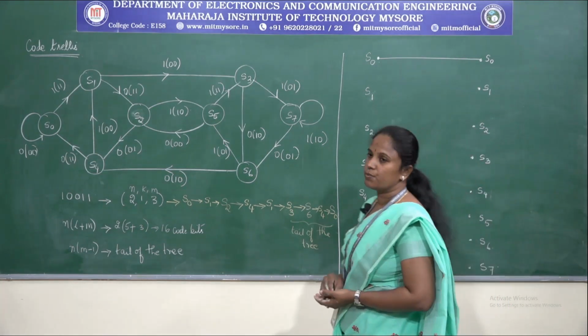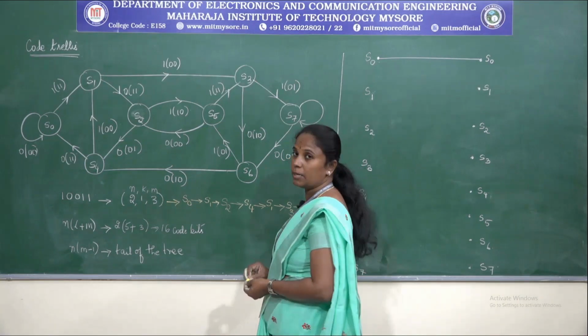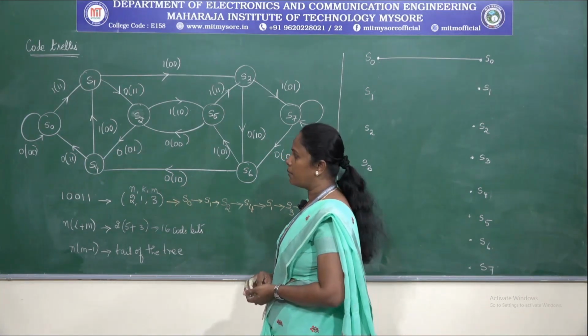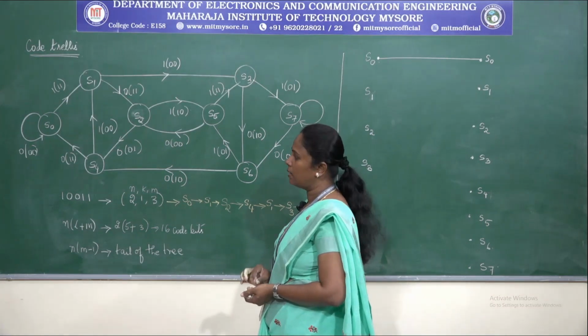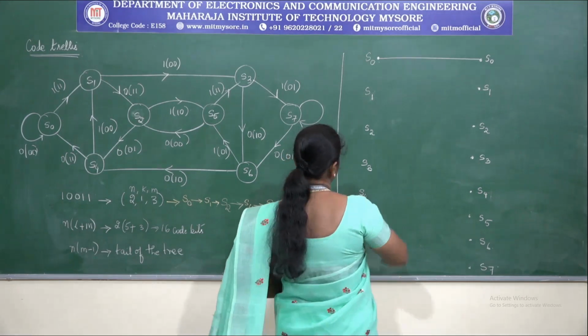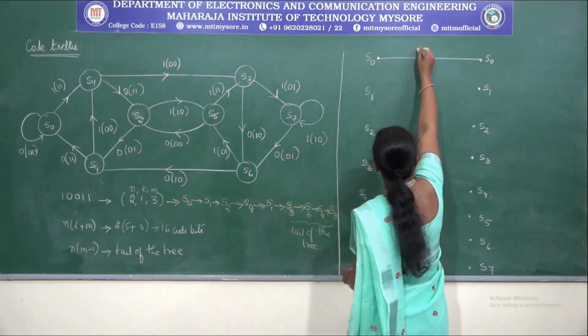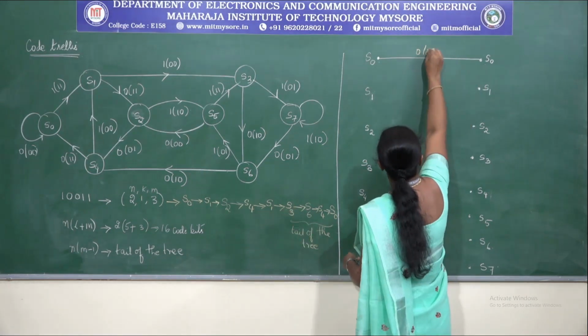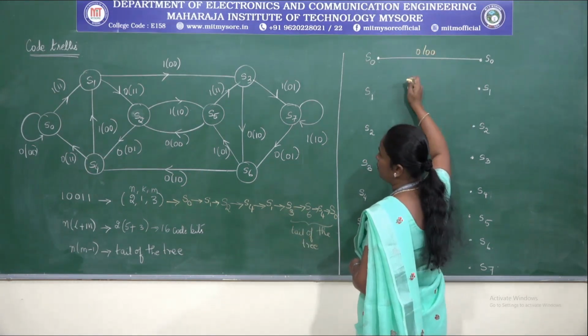So for all the cases we have input 0 as well as input 1. Always the input 0 is indicated by a thickened line and input 1 by dashed lines. So here S0 with input 0 reaches the S0 state with corresponding output 0, 0.